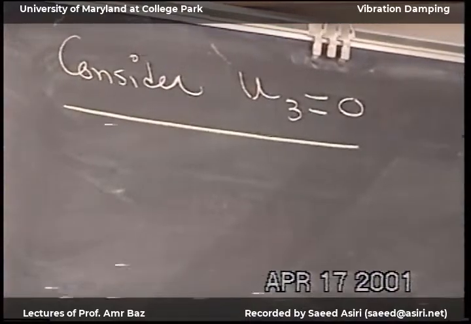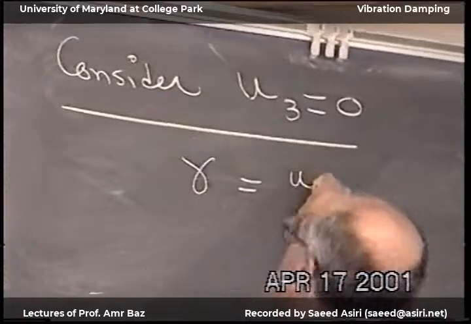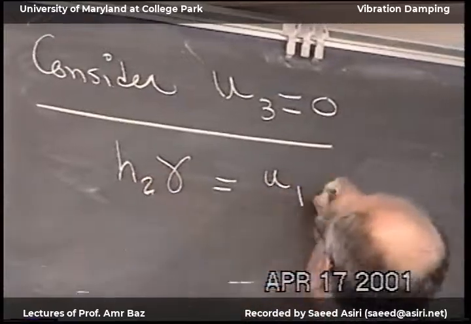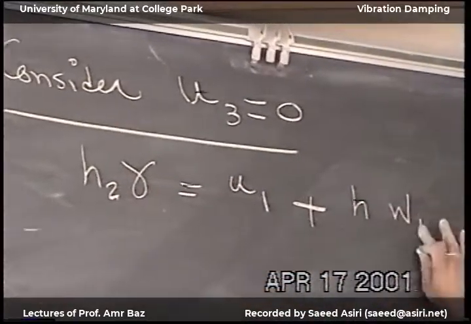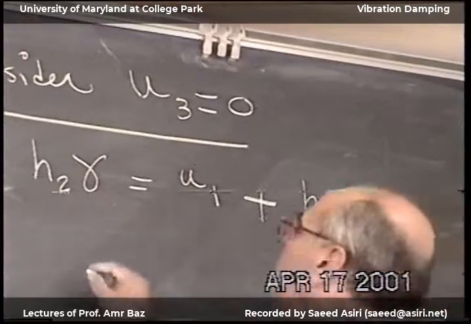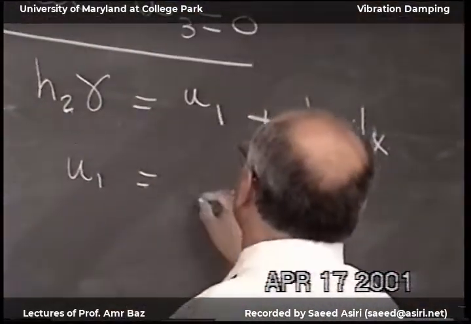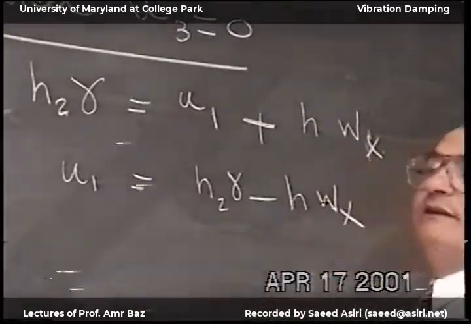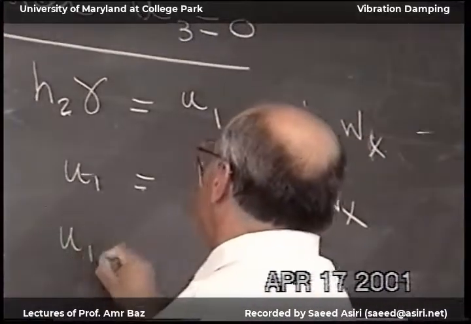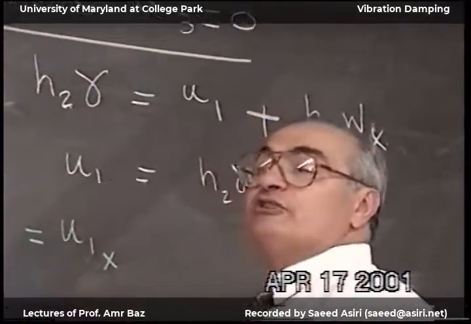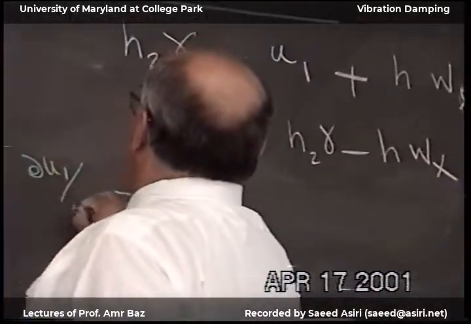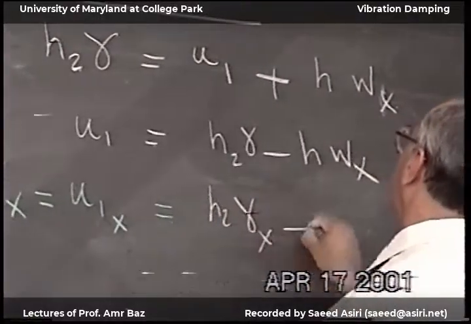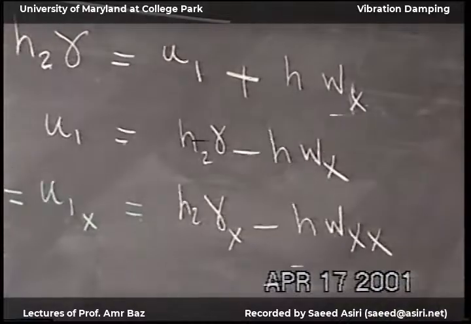So this automatically says that gamma is equal to U1 over H2 plus H W X over H2, so U1 will equal H2 gamma minus H W X, and U1 partial with respect to X will equal H2 gamma partial X minus H W X X.